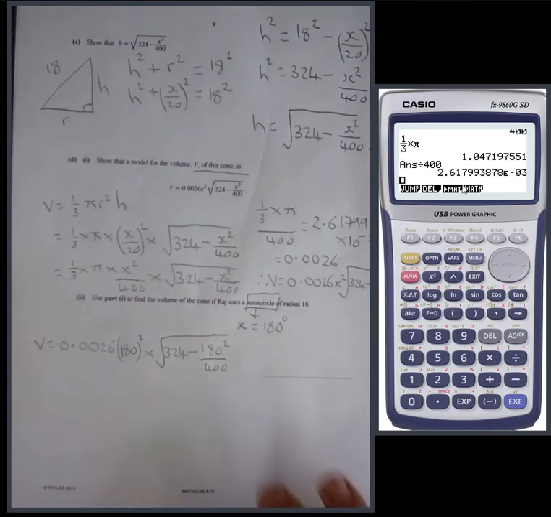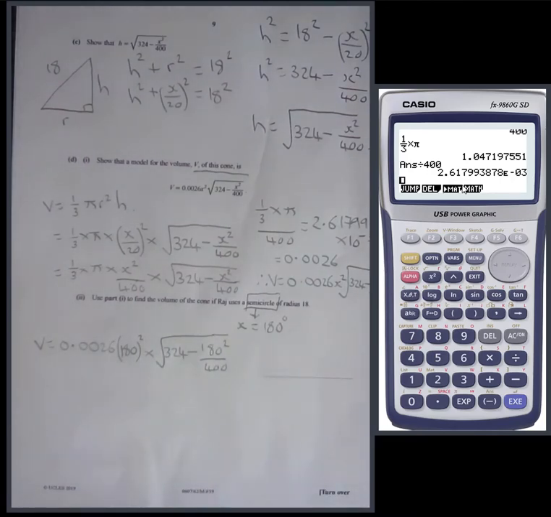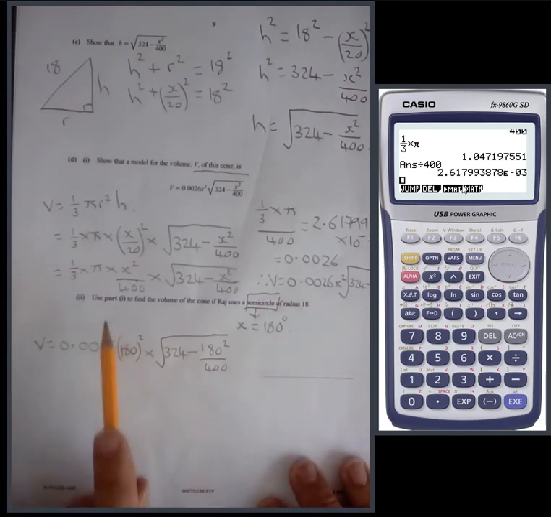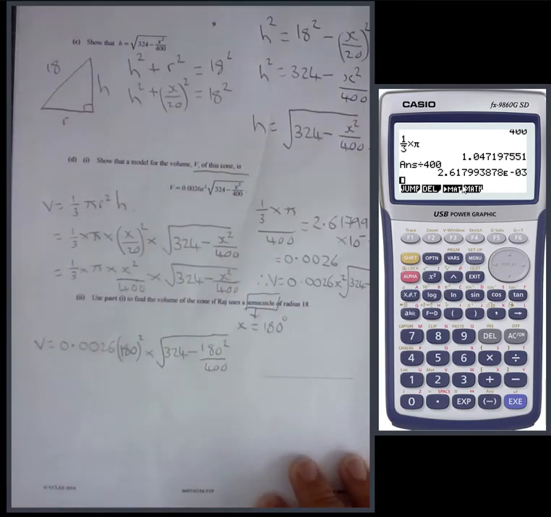But because we've been told to use this model, we actually should just use this 0.0026, so use the prescribed model. And actually the mark scheme, if we do use this whole number, is outside of an acceptable range. So I think because it actually specifically says use part 1 and the model was given, then you do really need to use this model and not the greater accuracy version. I do think it's a bit unfair, but that's the way it is.